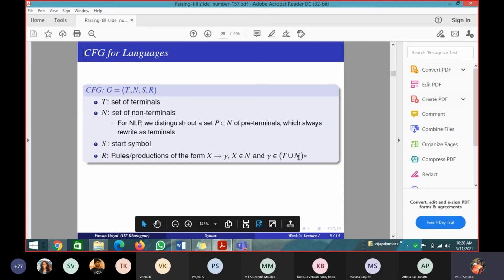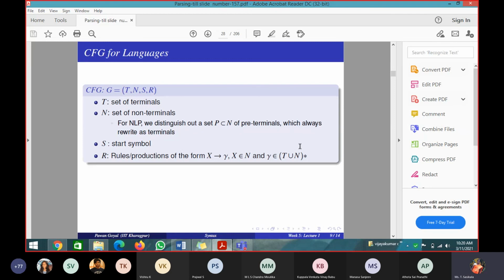And gamma is a sequence of what? Terminals and non-terminals. Very good. So the rule is left hand side implies RHS, where the left hand side is a single non-terminal and the right hand side will be a collection of terminals and non-terminals. Sometimes non-terminals will not be there, only terminals, or simply non-terminals, or a collection of terminals and non-terminals.